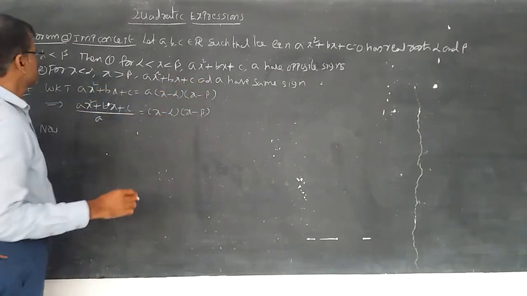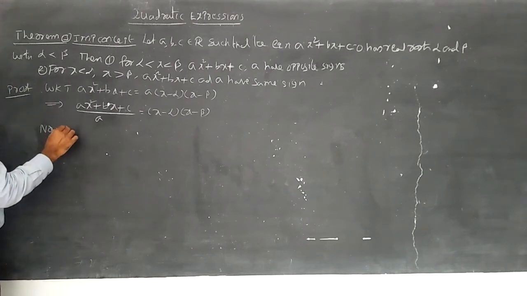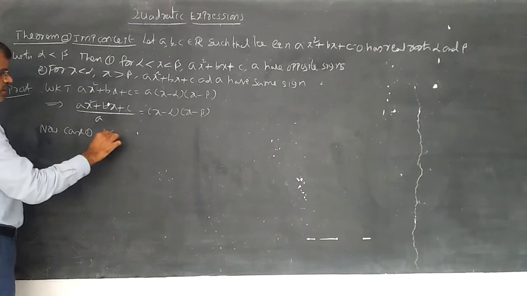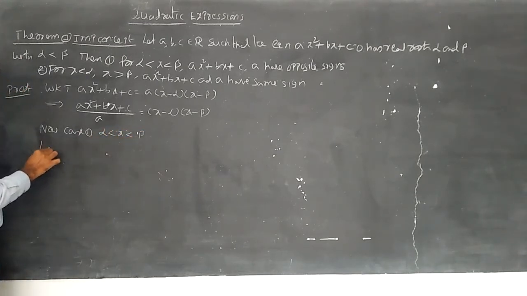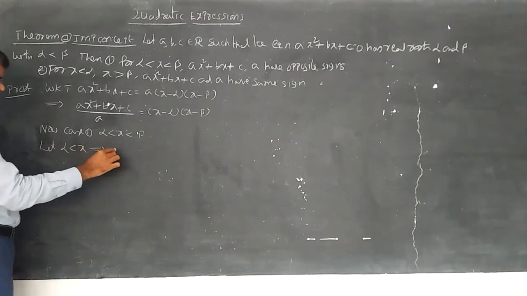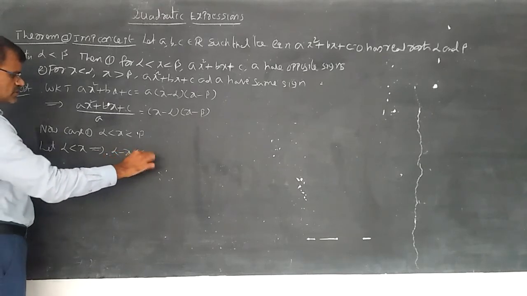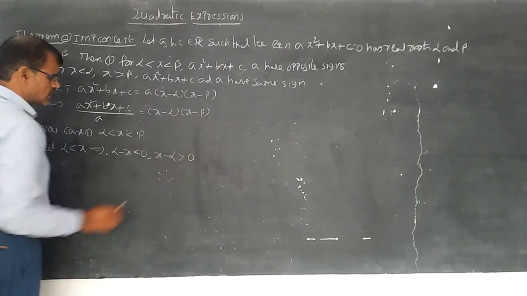Now try to understand the case alpha less than beta. Case 1: alpha less than x less than beta. Let alpha be less than x, that implies alpha minus x is less than 0, so x minus alpha is greater than 0.